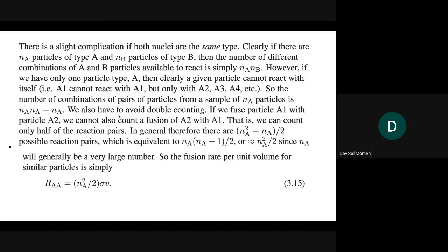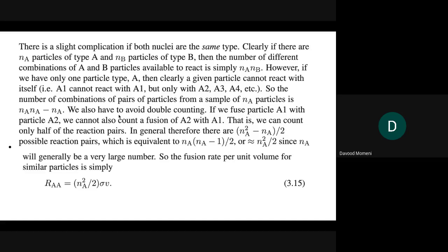So if there are different types of nuclei like A and B, and the number density of one is n_A and the other is n_B, the number of different combinations of A and B which could provide a reaction is just n_A times n_B.